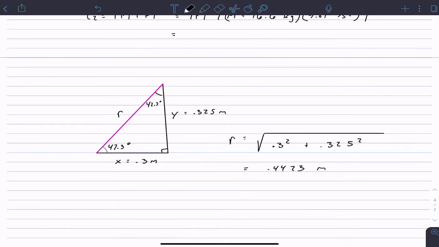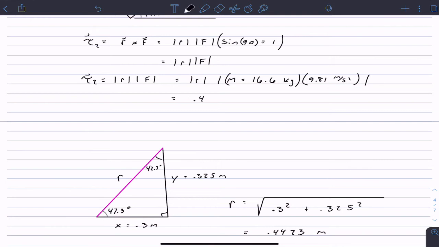So let's go over here, let's plug this in. We'll just call it 0.44 meters, times 16.6 kilograms, times 9.81 meters per second squared. This is all going to give us units of a Newton meter.